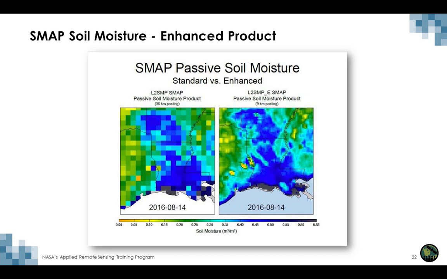The image on the right is the same area, same day. The resolution of the radiometer has been enhanced, and a soil moisture product has been created with this enhanced resolution, gridded at 9 kilometers. So you can see quite a bit more detail, obviously, in the enhanced resolution soil moisture product.